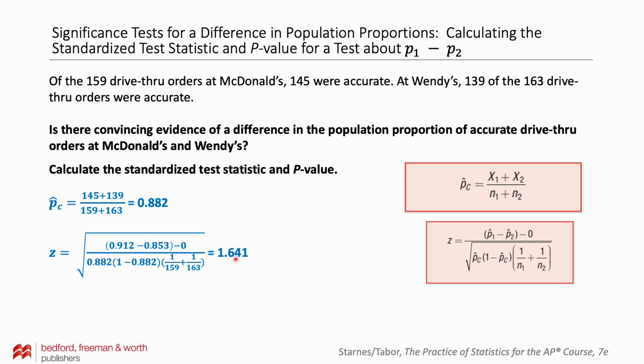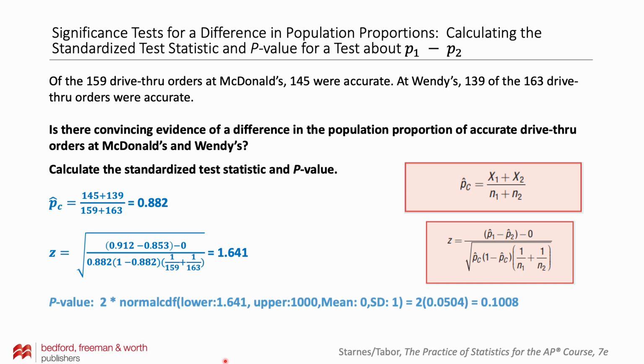Once we have our z, now we can find out what our p-value is. So we do need to go back to our alternative and see if this is going to be one-sided or two-sided. Here it's going to be two-sided because they're saying it's not equal to 0.